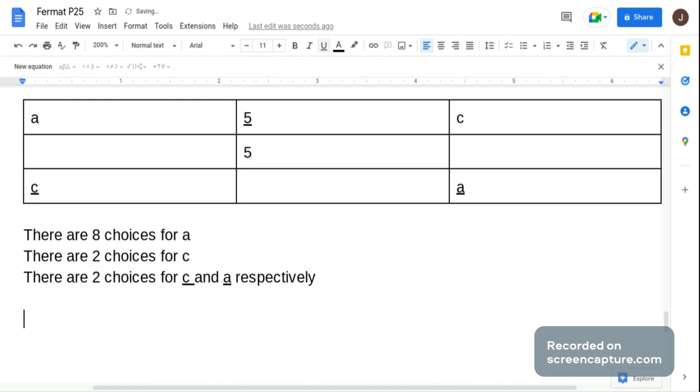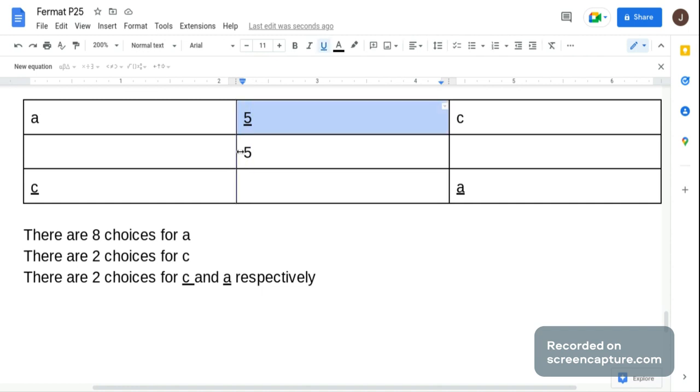Okay. So for this part, there is only 1 choice. I mean, this must be 5. Why? Because this is stated 5 and this is stated 5.